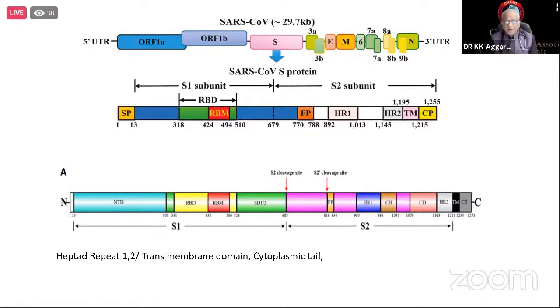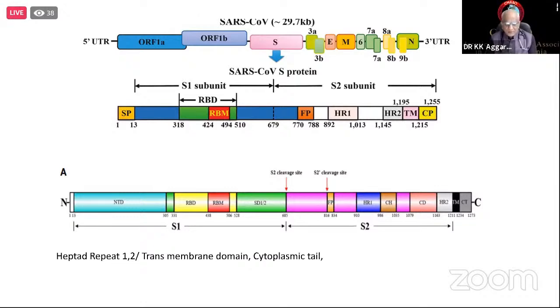So creating a cleavage is the role of S2, and merging is the role of S1, so that the ultimate job is for the nucleocapsid to liberate its messenger RNA inside the cell.